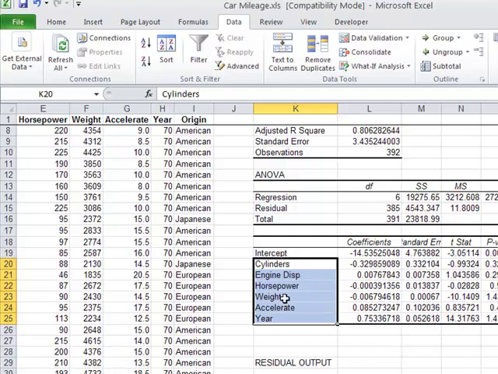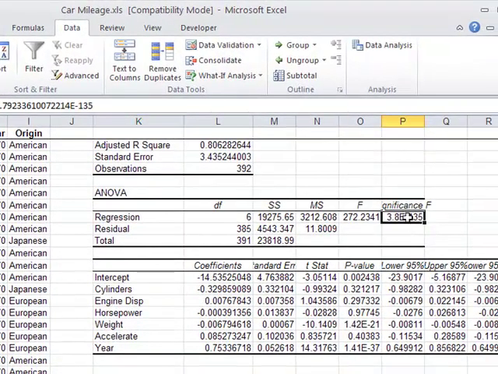That's the null hypothesis, that nothing interesting is going on. The alternative hypothesis is that at least one of these does not equal 0, that is, at least one of these is significant. And we have a really low p-value for that, which gives us a thumbs up to go ahead.